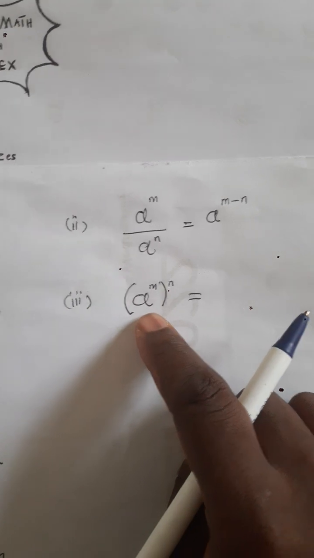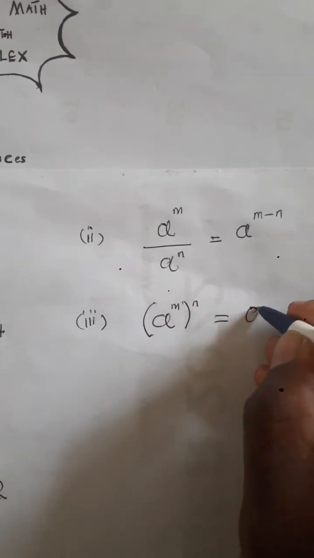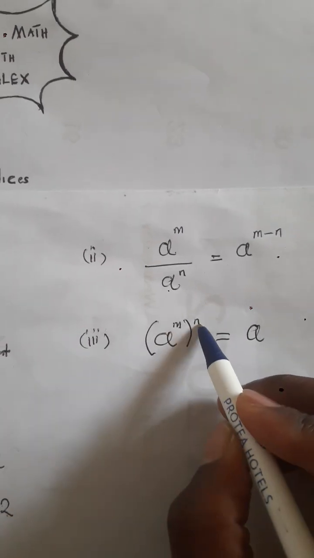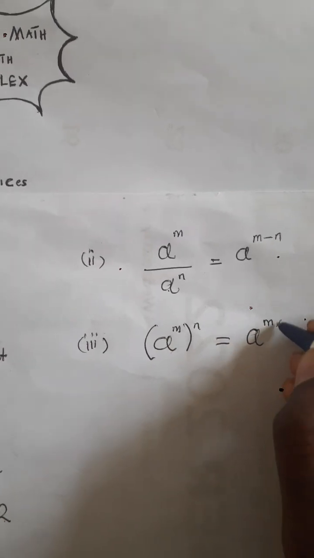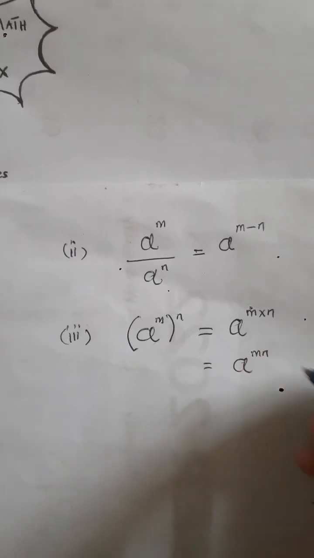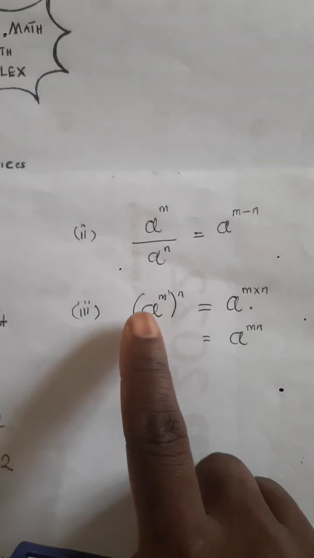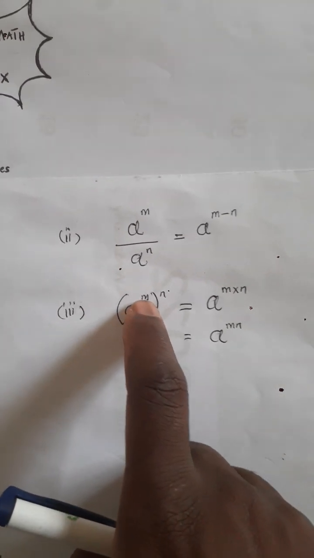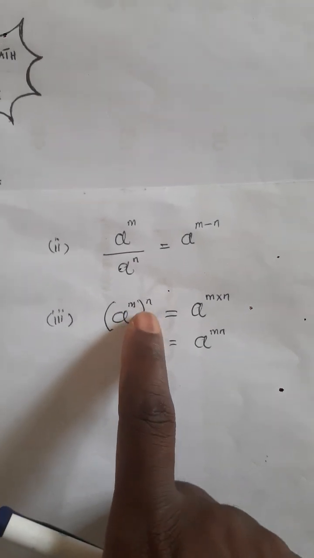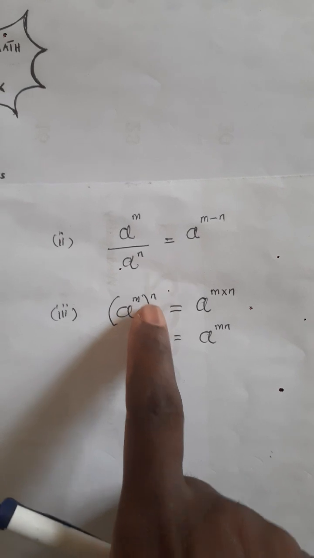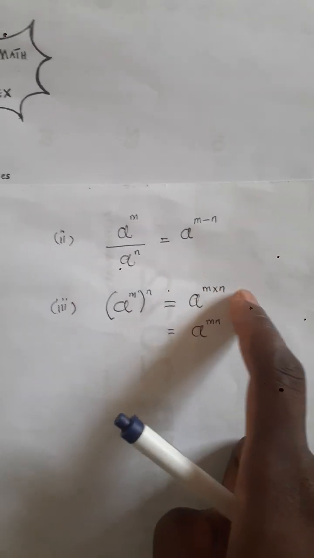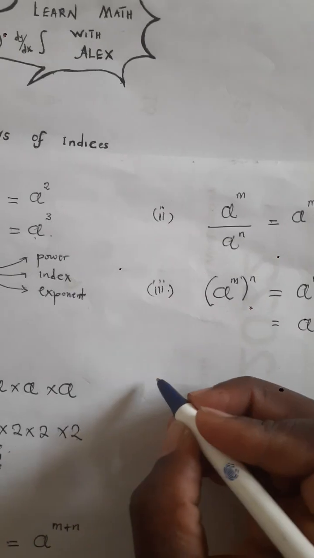You get the base a, then you multiply the powers. So it is m times n, the same as a to the power mn. If you have a base raised to some power, again raised to another power, the only thing you can do is multiply the powers. I'm sure that one is clear, friends.